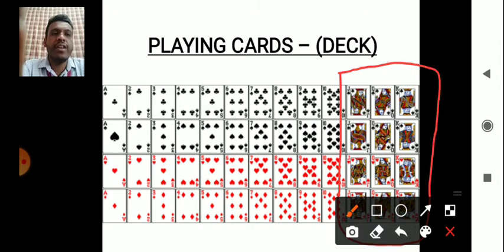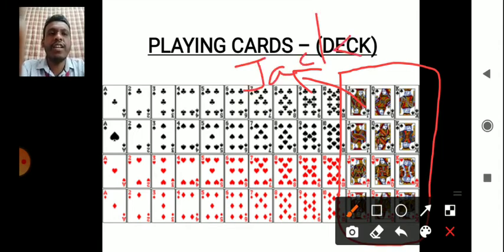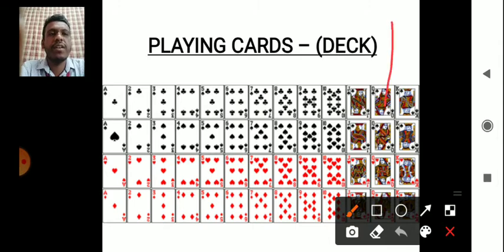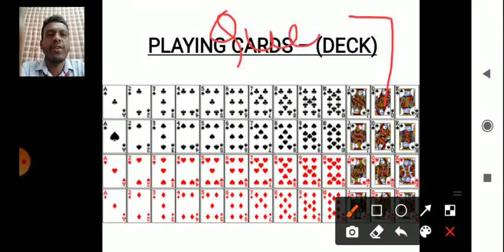Now okay, this is Gulam, or the prince, or we call it as Jack. Okay, this is a Jack. Now this is a queen. Fine.